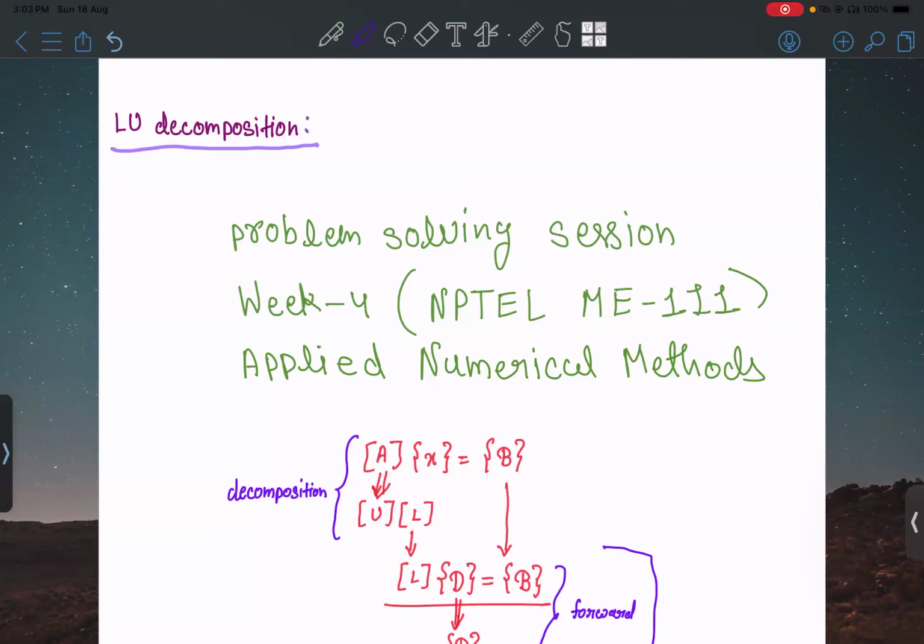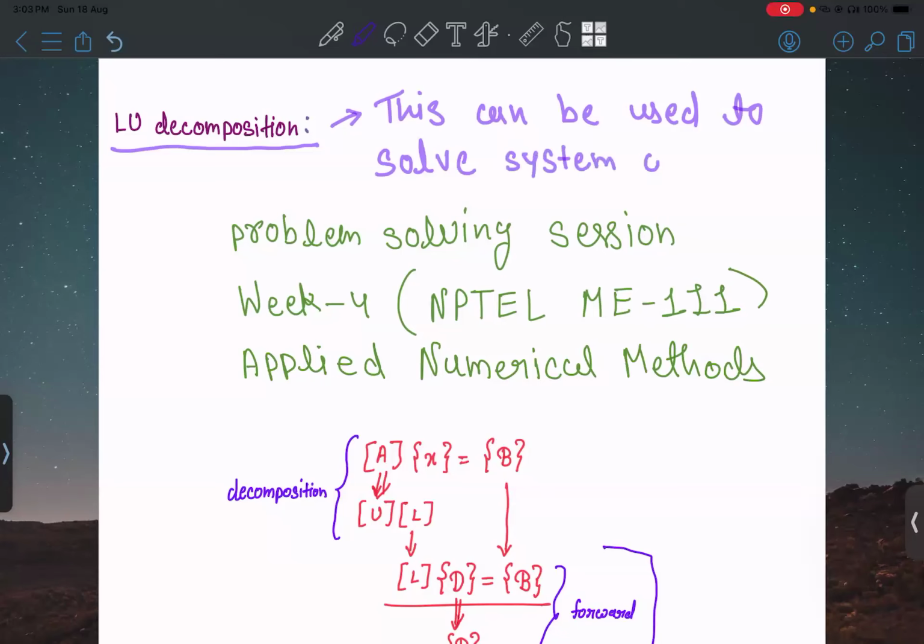This LU decomposition method can be used to solve a system of linear equations.